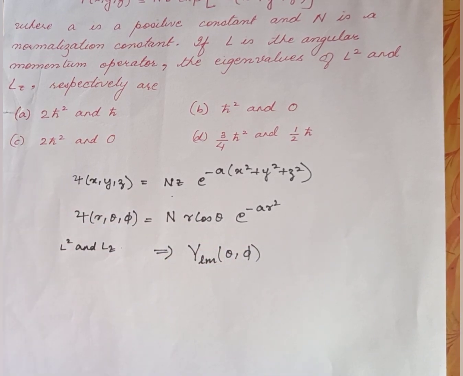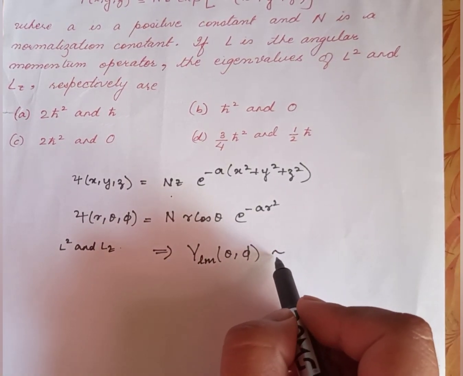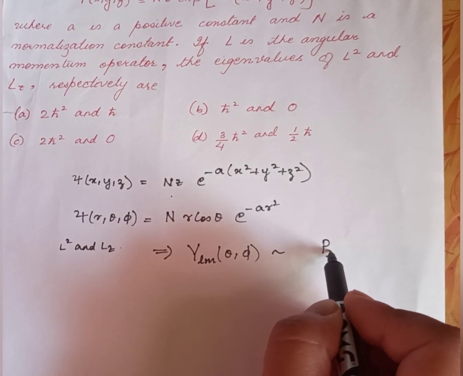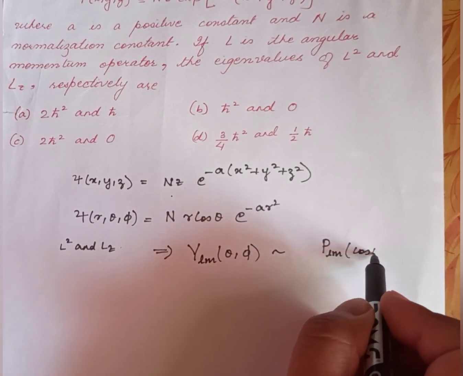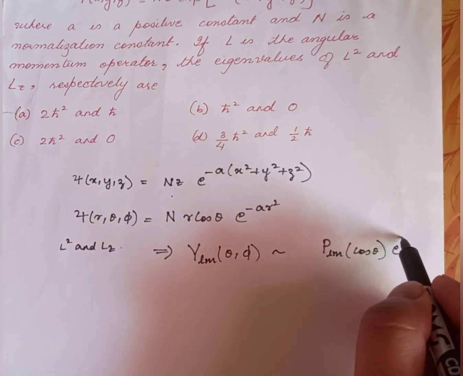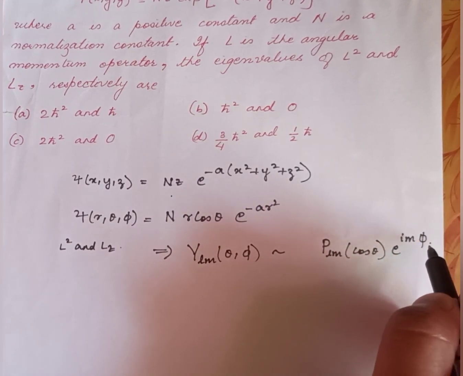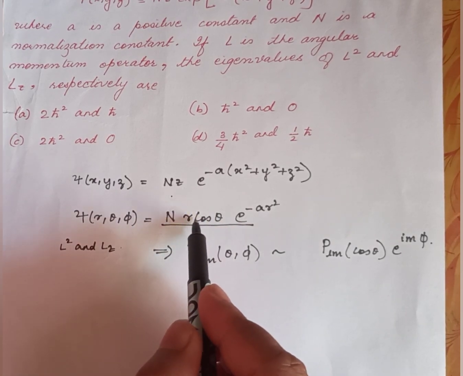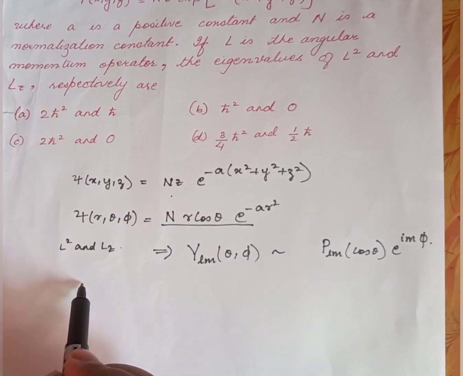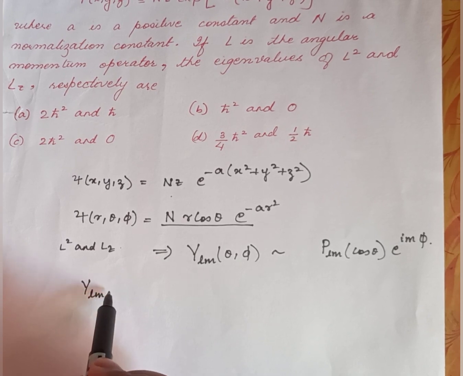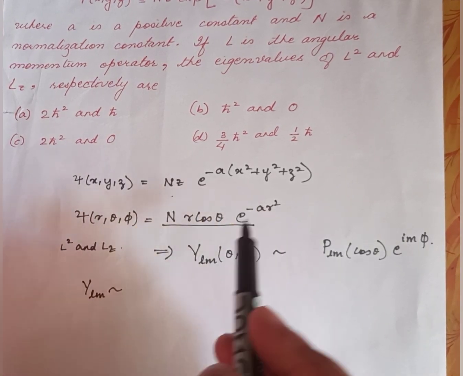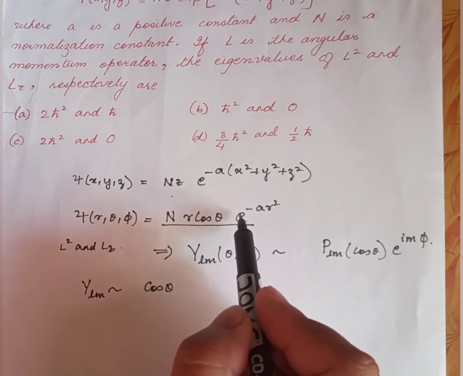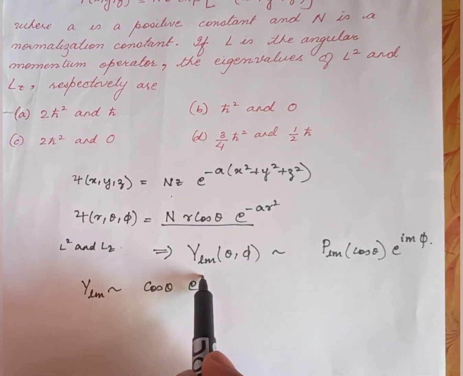So here the dependence is given by some P L m of cos theta and e to the power i m phi. In this expression we see that the cos theta term is there, and there is no i m phi term.